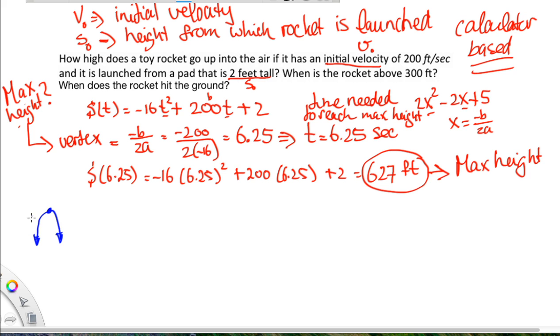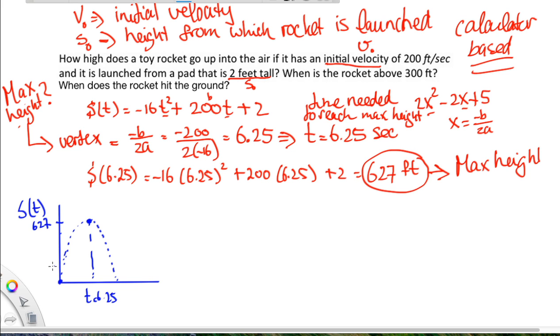We do know that it starts at 0 and then it ends at 0, because it's a real life problem: at 0, t is 0, the rocket hasn't gone up yet, then it goes up as time goes by, and it comes back down. We just found that this point occurs at t is 6.25, at a distance at that time of 627 feet.